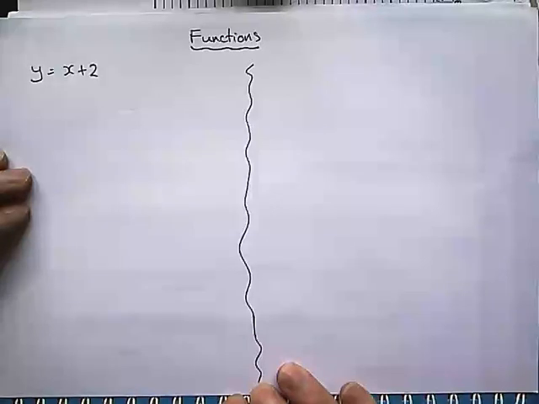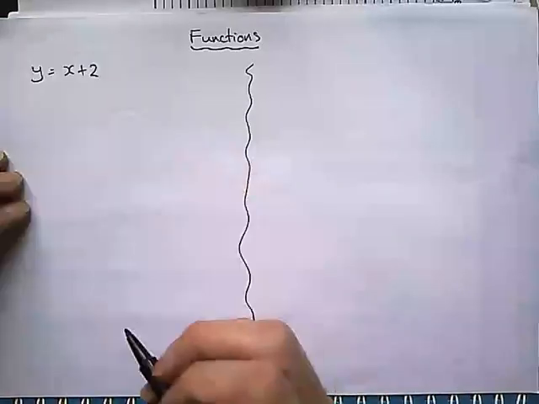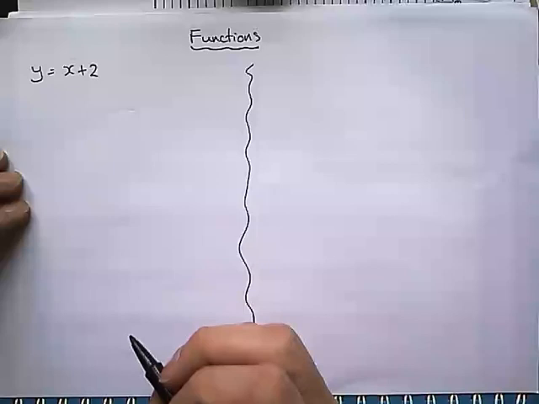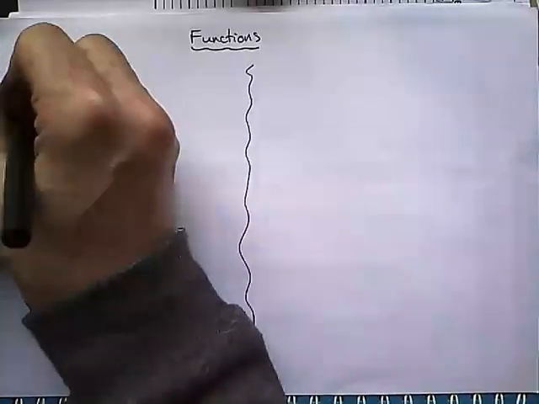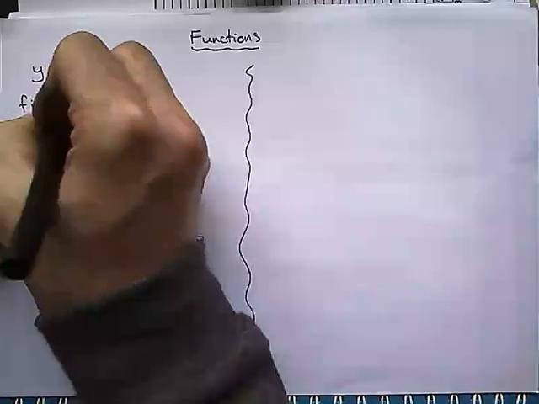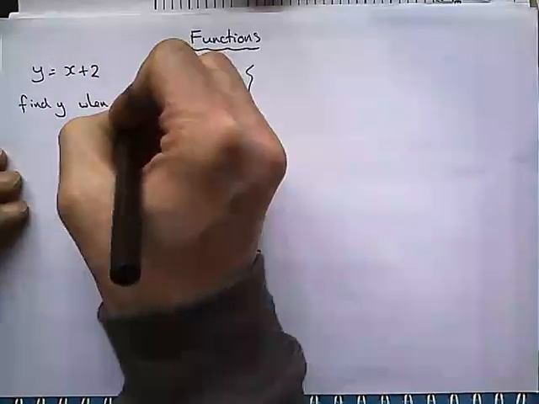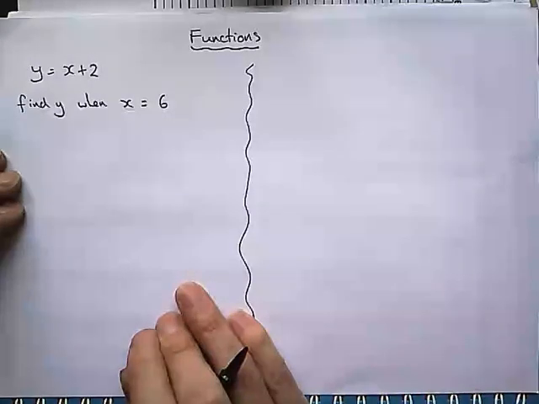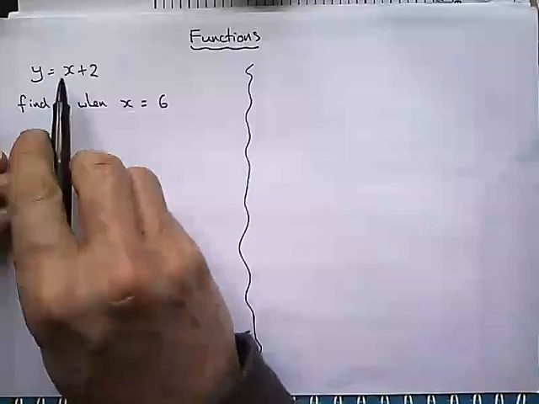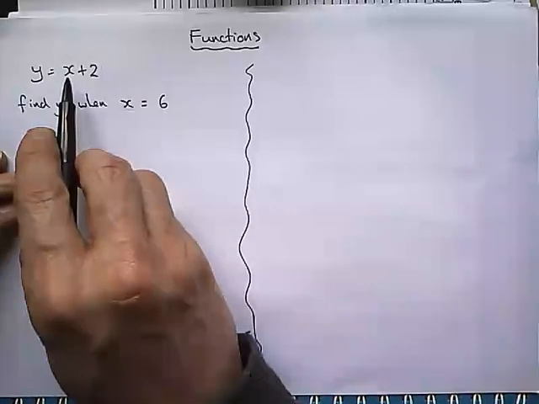So what we've done before is we found values of y when we've been given a value of x. For instance, find y when x equals 6. And that was pretty straightforward, I think. To find that value of y, we replace the x in this equation by 6.